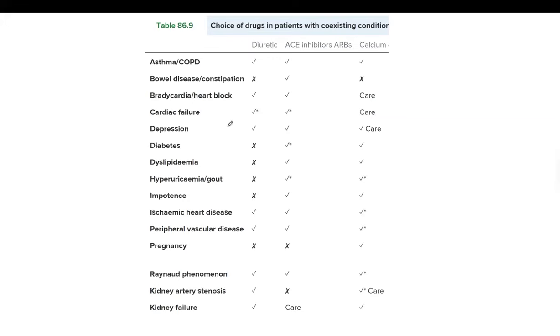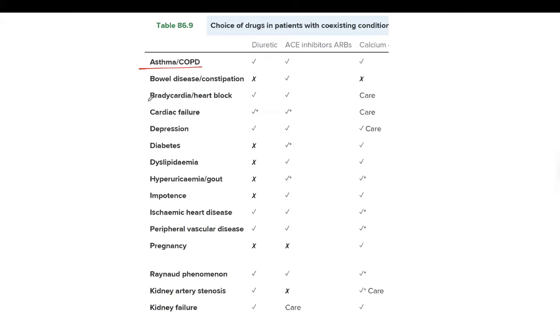Now, a few things are important. There are different comorbidities which will dictate what kind of antihypertensive we will start a patient with. So when you start a patient on an antihypertensive, look at their other comorbidities. For an asthma or COPD patient, beta blocker is not good because it can cause bronchospasm.